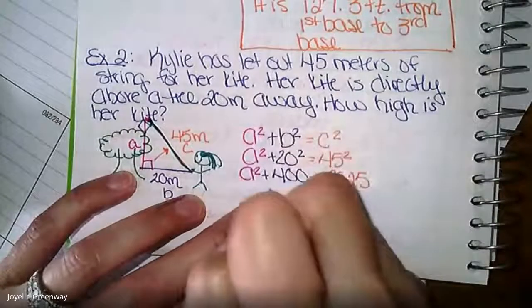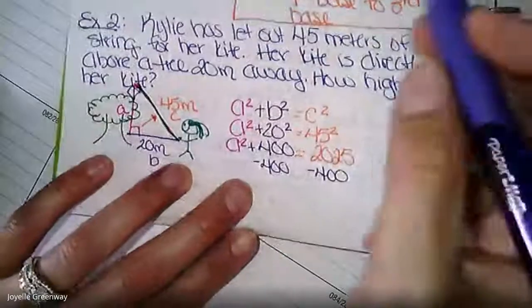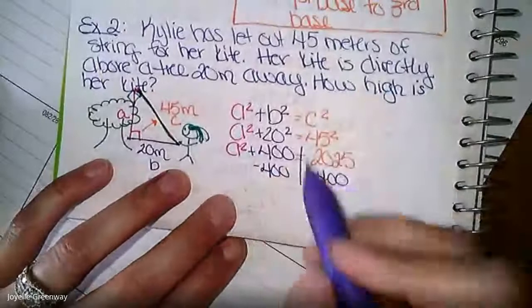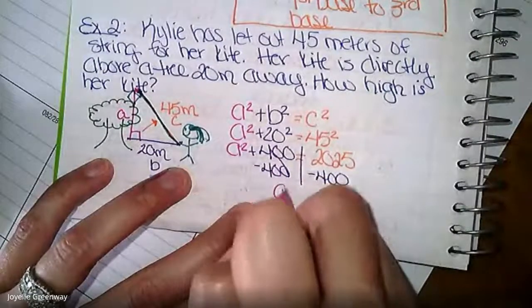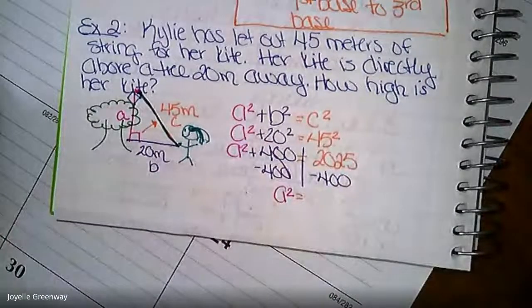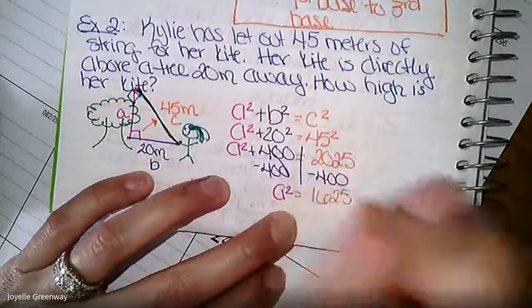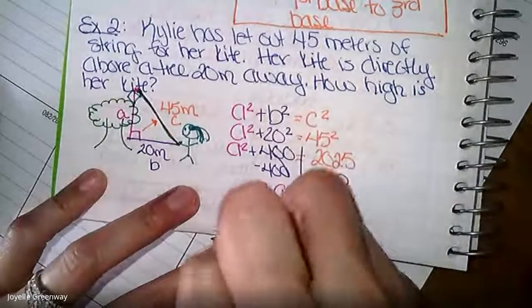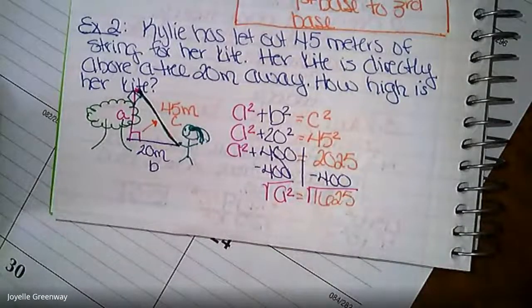So now I need to subtract the 400 because it's like an equation, right? And A squared's on the other side. So I have A squared equals 2025 minus 400 is 1625. And then I can take the square root of that, which is 40.311.